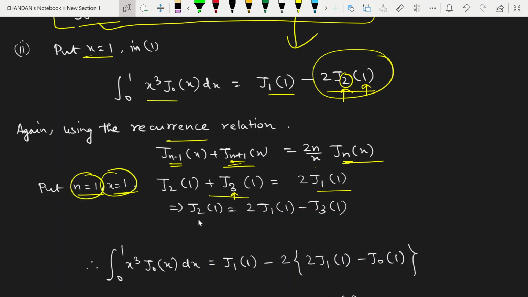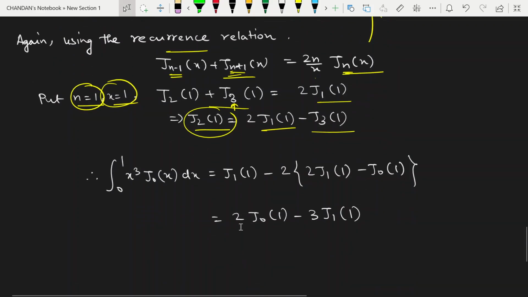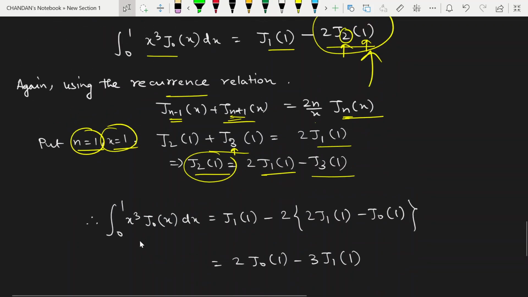So this gives J2(1) equal to 2 J1(1) minus J3(1). So we put the value of J2 in this result: the integral of x cube J0(x) dx is equal to J1(1) minus 2 into this value of J2. So we get the required result: 2 J0(1) minus 3 J1(1).